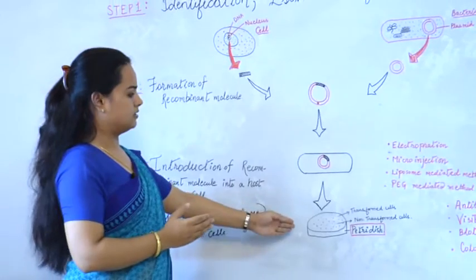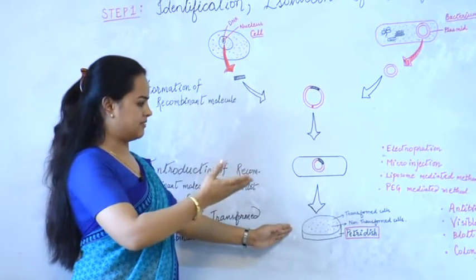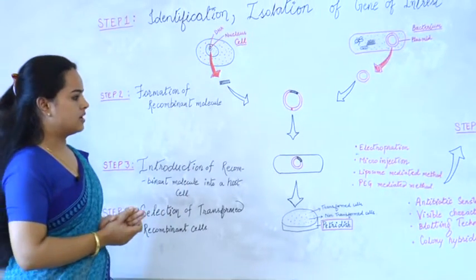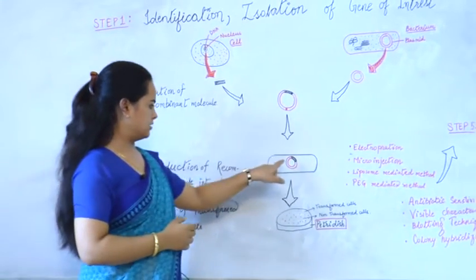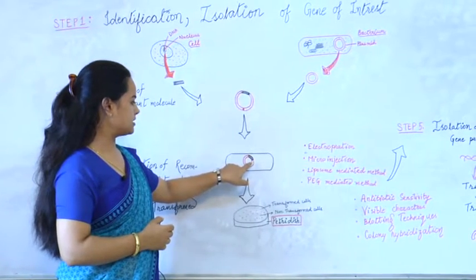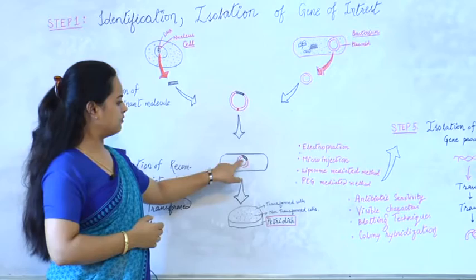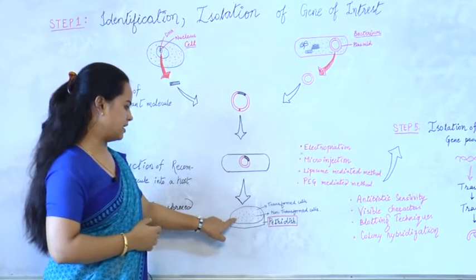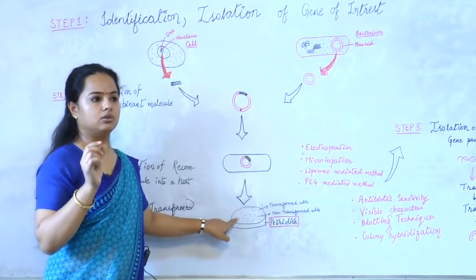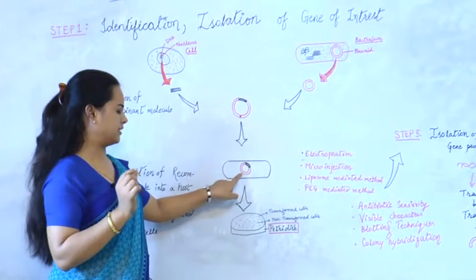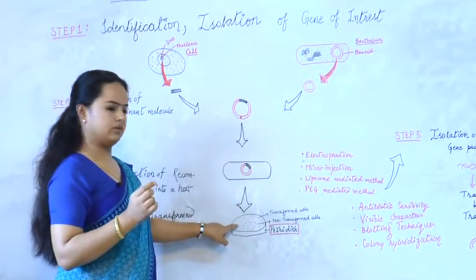For this purpose, we can use several methods. One is antibiotic sensitivity, where an antibiotic resistance gene is also added to the recombinant molecule, so that only those colonies that have the antibiotic resistance in their vector will grow on the medium.